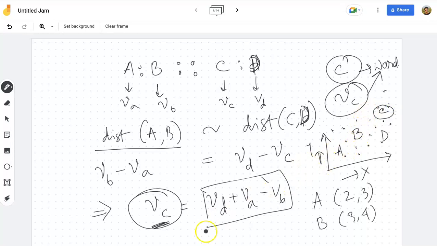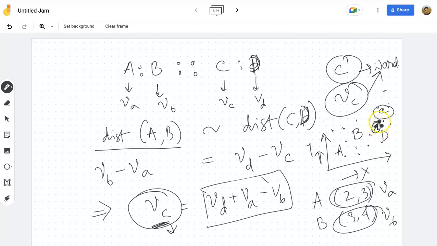Now we can find it like this. We know the embeddings, which means we know the coordinates. This thing is the embedding of VA, and this thing is the embedding of VD. Similarly, if we know VC, we know some of the points here.